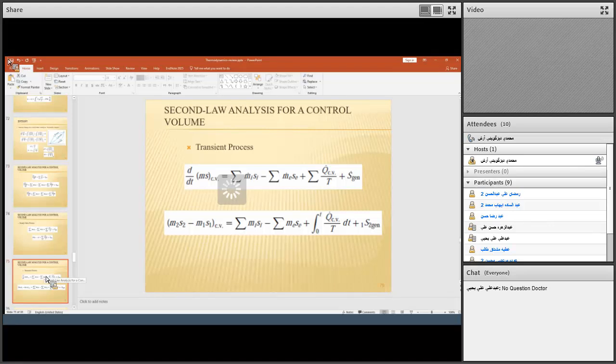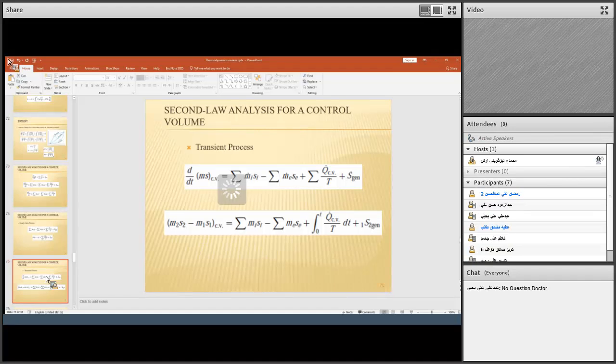So the rate of entropy change inside the control volume equals the sum of mass flow rate times entropy at inlets minus mass flow rate times entropy at outlets of the system, plus the sum of rate of heat transfer divided by T plus entropy generation.